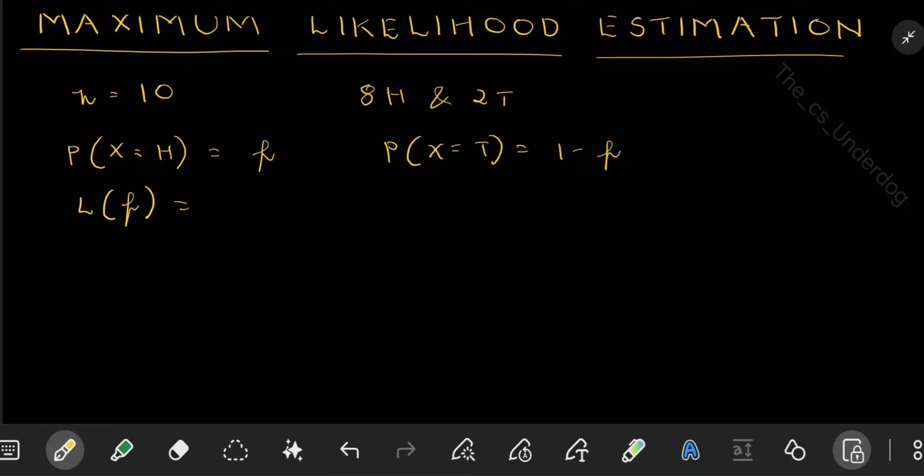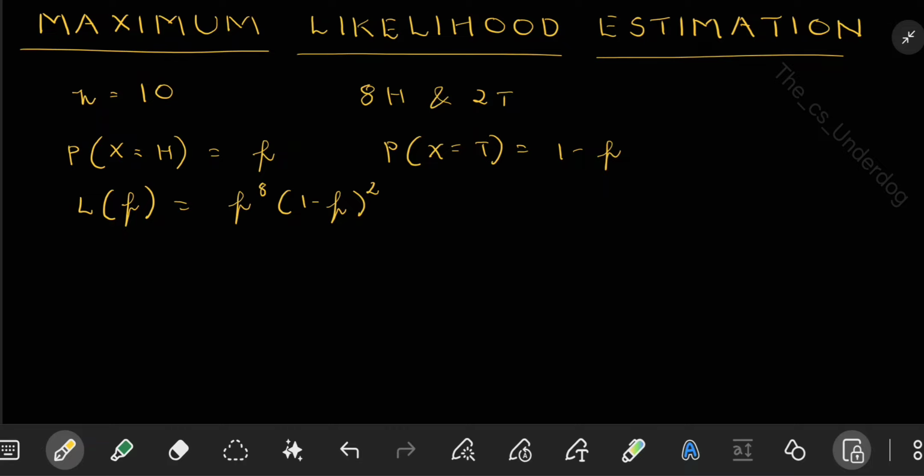Likelihood will be P raised to 8, 1 minus P raised to 2. Why is this? Because you got 8 heads and 2 tails. For heads, the probability is P, and for tails, probability is 1 minus P. That is why your likelihood is P raised to 8, 1 minus P whole raised to 2, right?